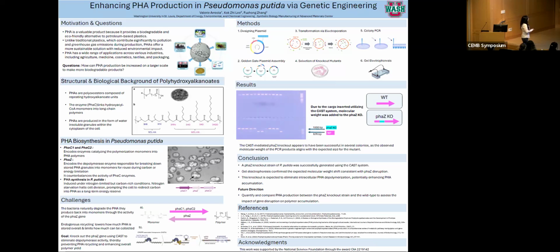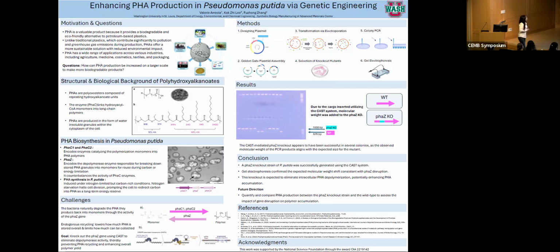In our microbe, Pseudomonas putida, we have a middle chain length polyhydroxyalkanoate. These PHAs are polyesters composed of linked hydroxyalkanoate units. They have a carboxylic acid group. These are just monomers formed into long-chain polymers.